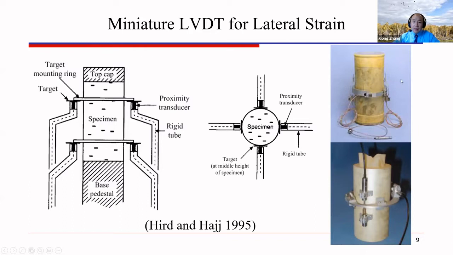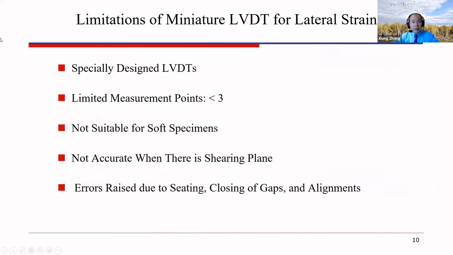Okay, so for example, this is a specially designed LVDT which costs about $2,000. So it requires specially designed waterproof LVDTs. As you can see from the previous slide, at most, you can put three LVDTs on the soil specimen due to the limited space.